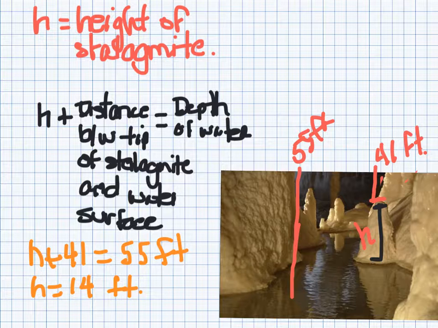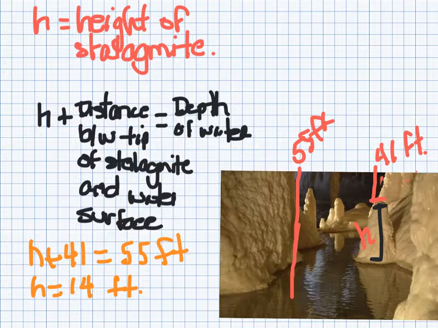In the book, it gave h, we don't know, plus 41 equals 55, and h worked out to be 14 feet when you subtract 41 from 55. So this is just an example of how we took words and then added the numbers to them.